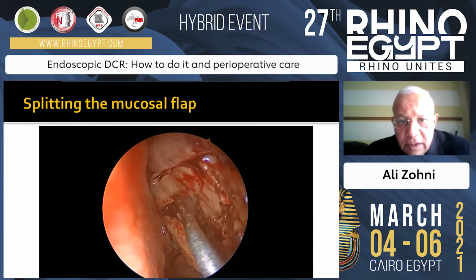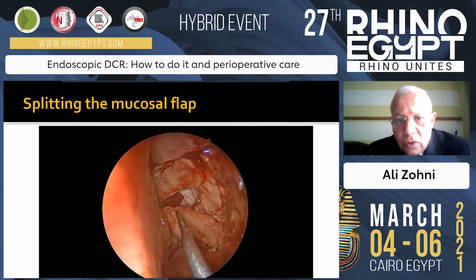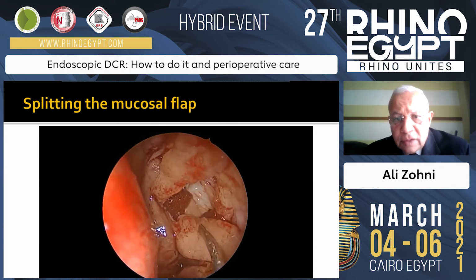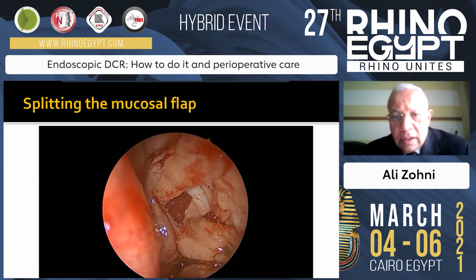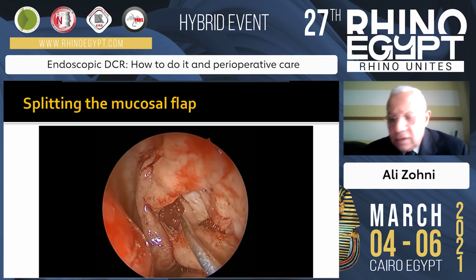Then we stabilize these two flaps with additional Gelfoam, which is used also to control the bleeding if there is bleeding, because we don't depend on packing or any additional stenting of the system after that.